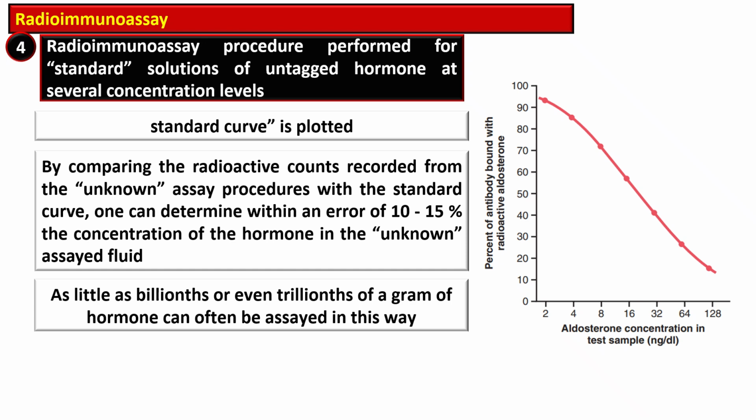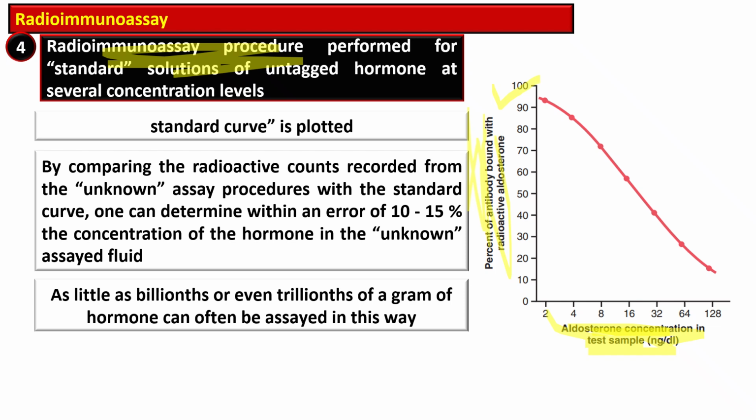Then there is the fourth step, the use of a standard curve, or quantification. A series of standard solutions containing known concentrations of the natural untagged hormone are tested using the same method.